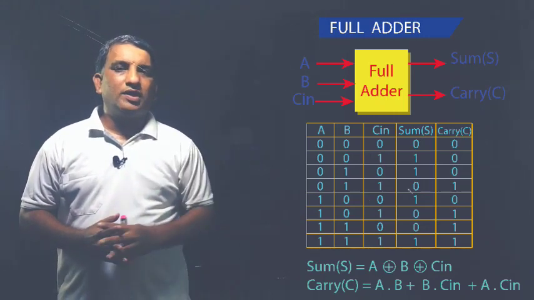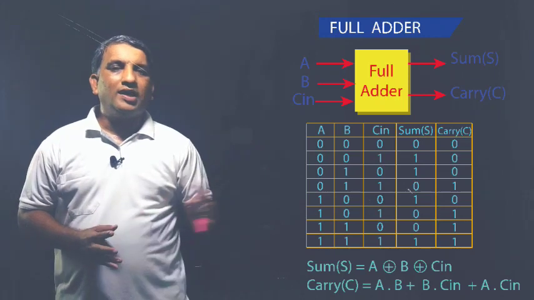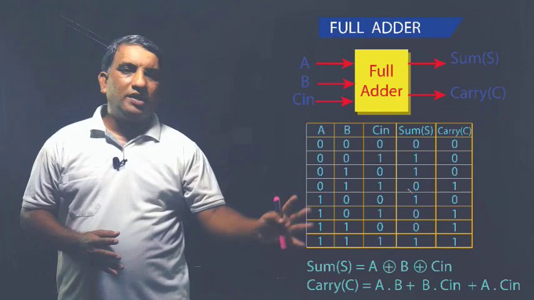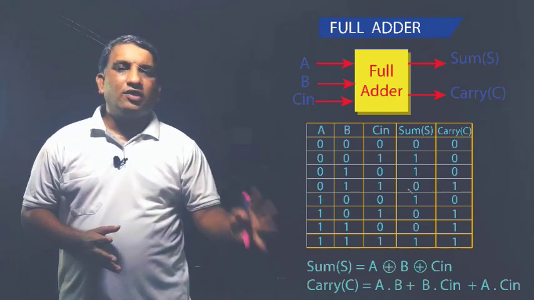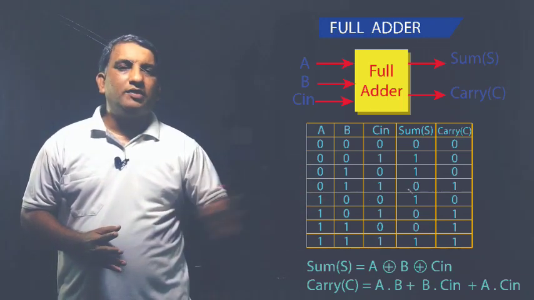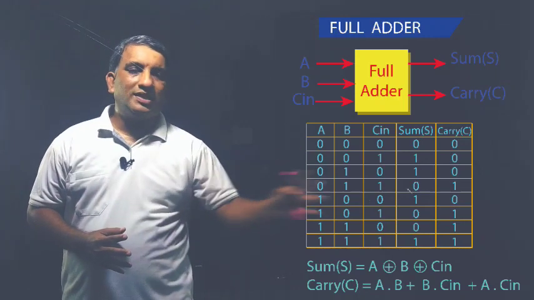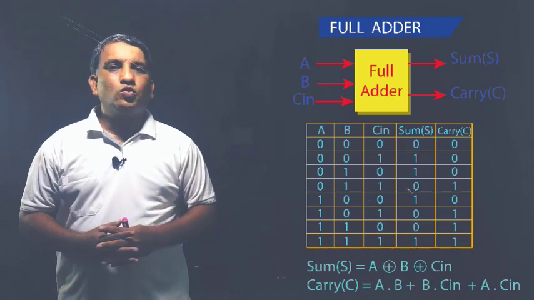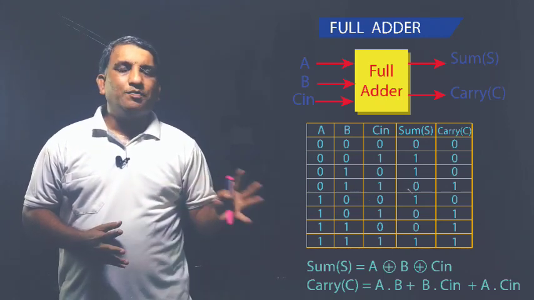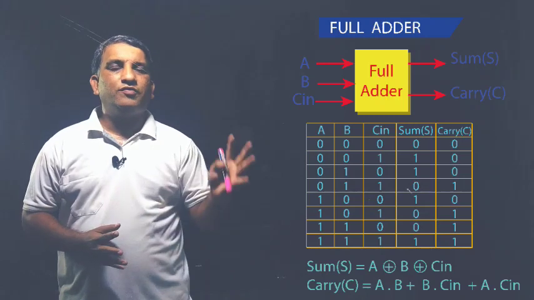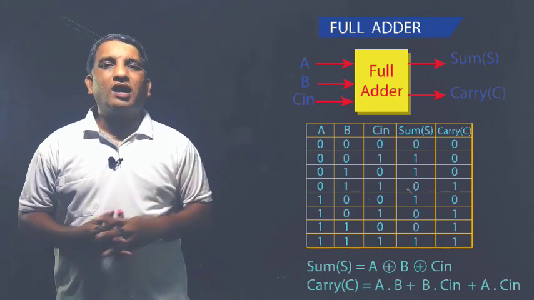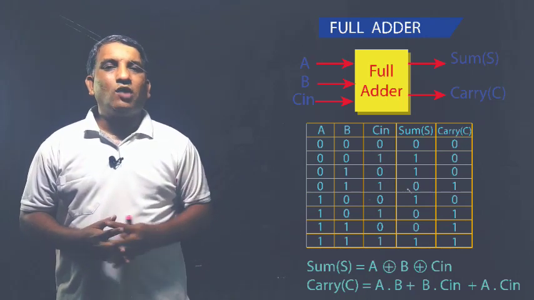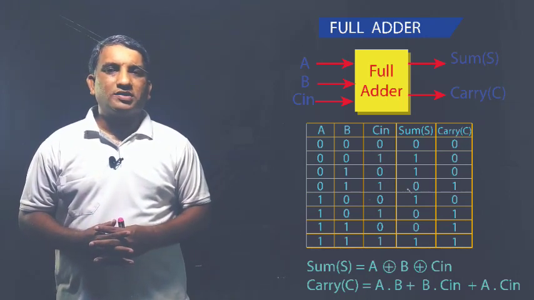The equation for sum is A XOR B XOR C in, and the equation for carry is A dot B plus B dot C in plus A dot C in. After getting these 2 output equations, we can implement them with VHDL statements inside the architecture to get our VHDL program. So let us see how to write the VHDL program for it.